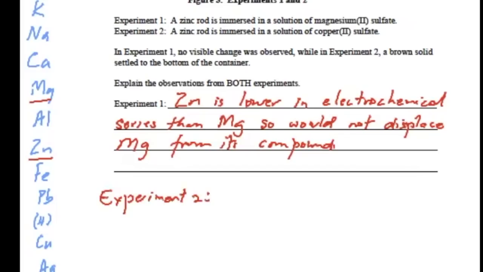In experiment 2, a brown solid settled to the bottom of the container. So we need to look at where zinc and copper are relative to each other.